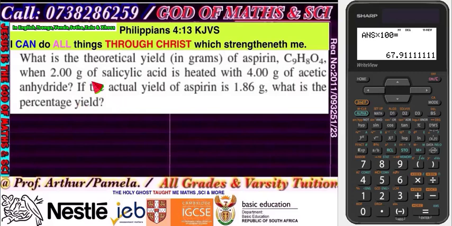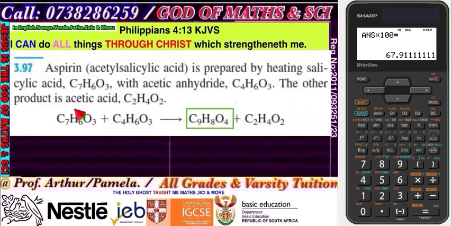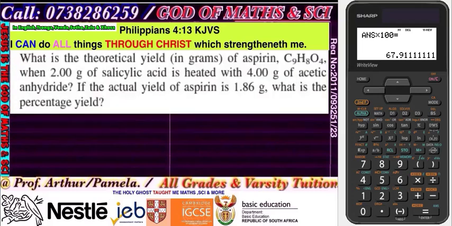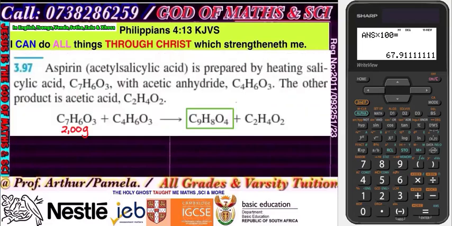They say when 2.00 grams of salicylic acid is heated, remember this one, the one with the 7, we've got 2.00 grams of that one given. And also 4 grams of acetic anhydride. We also have 4 grams of that one.